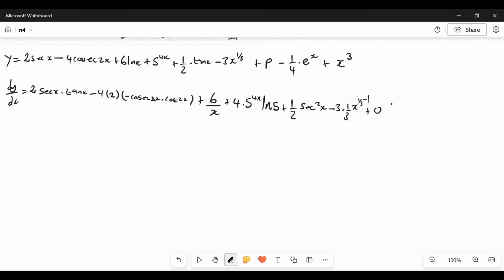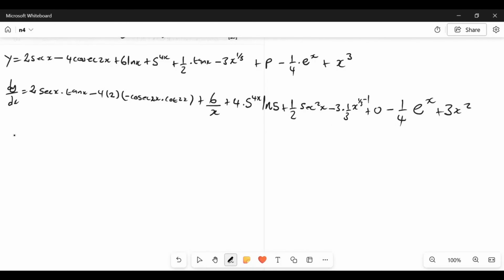Now let's do the second last term there. So the coefficient there is negative 1 over 4, right? And then we differentiate e to the power of x. So we have e to the power of x, that's the derivative there. Then the last term there, we have x cubed. So this is going to be a standard derivative, it's going to be 3x squared.